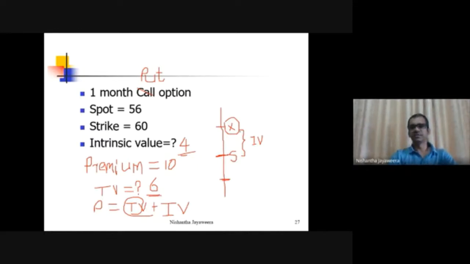Okay, now intrinsic value is very clear, easy to get, but time value is not easy to get. We'll discuss how this value changes with different variables. Generally, we discuss how the premium changes with some other variables. What are the variables that we have already discussed that will have an impact on the premium?